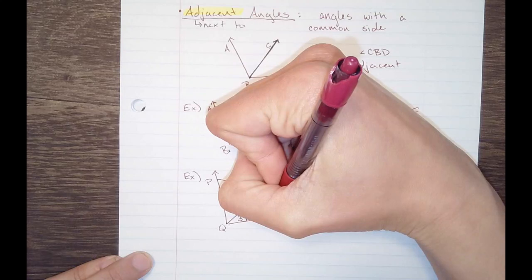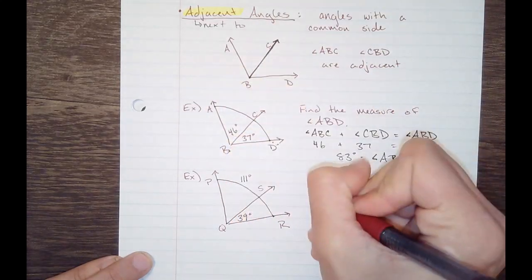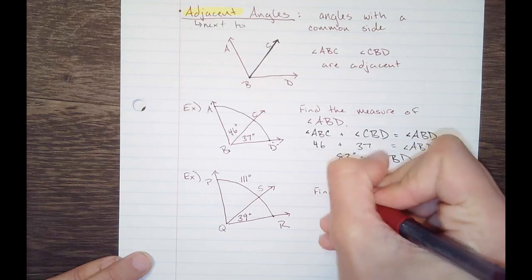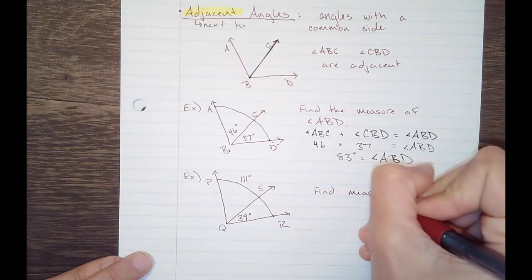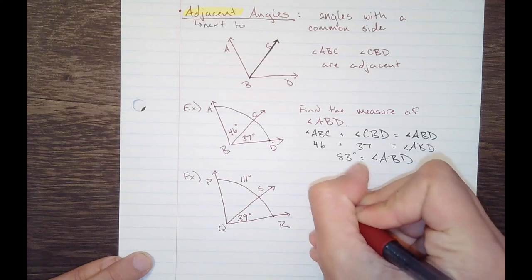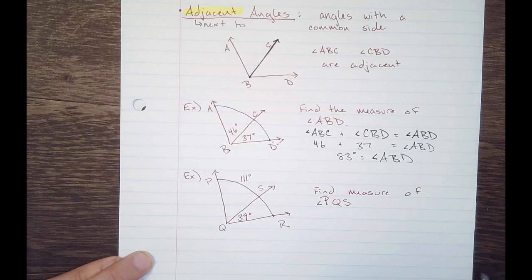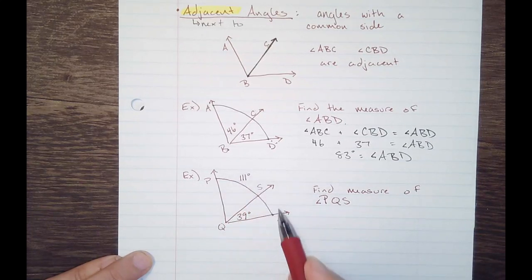And we want to find the measure of angle PQS. So we know the entire thing is 111, and we know that this piece is 39.